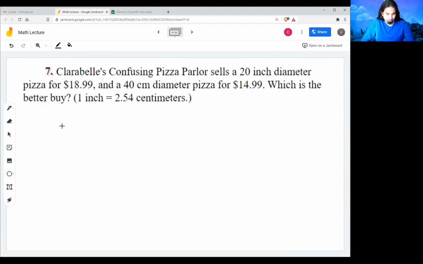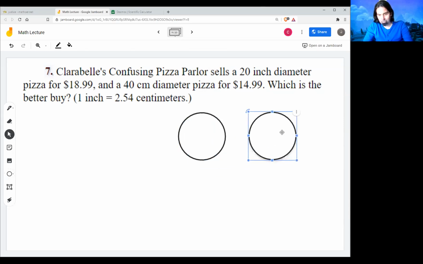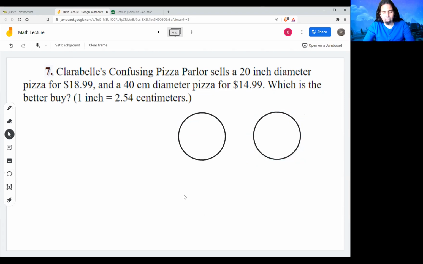Okay. So we have 2 pizzas. I'm not quite sure which is bigger yet. We can adjust the picture in a moment. One of them is 20 inches diameter, so all the way across is 20 inches.